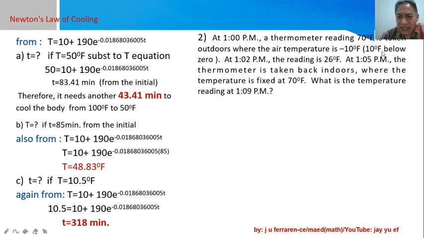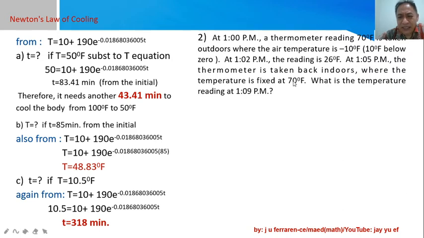Or that is 10 degrees below zero. Now, at 1:02 p.m., the reading, simply, it will drop. So, it becomes 26 degrees Fahrenheit from 70 degrees Fahrenheit. Okay? At 1:05, the thermometer is taken back indoors where the temperature is fixed at 70 degrees Fahrenheit.